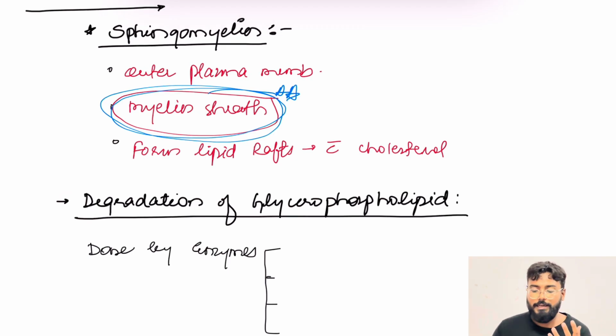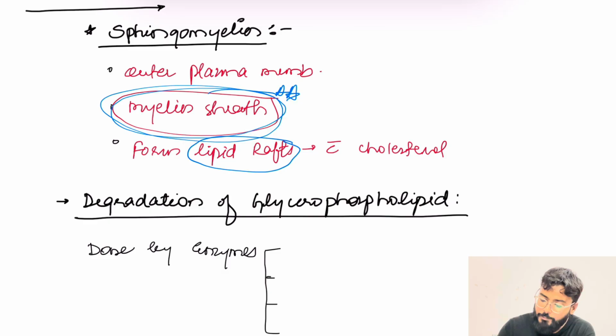So sphingomyelin is going to form lipid rafts. What are lipid rafts? Lipid rafts are structures present in the plasma membrane, through which cell signaling is going to happen. And this is also going to form the entry pathway for some pathogens.